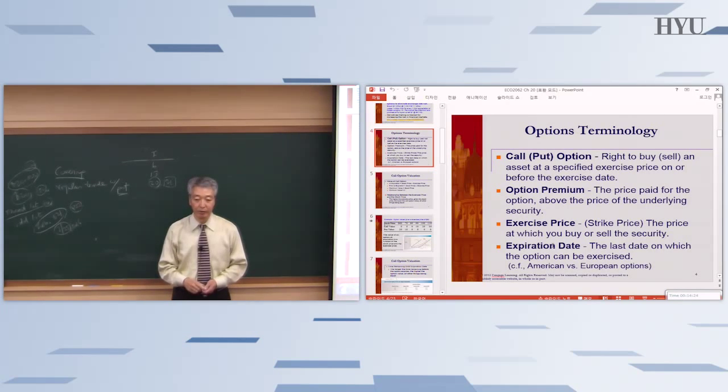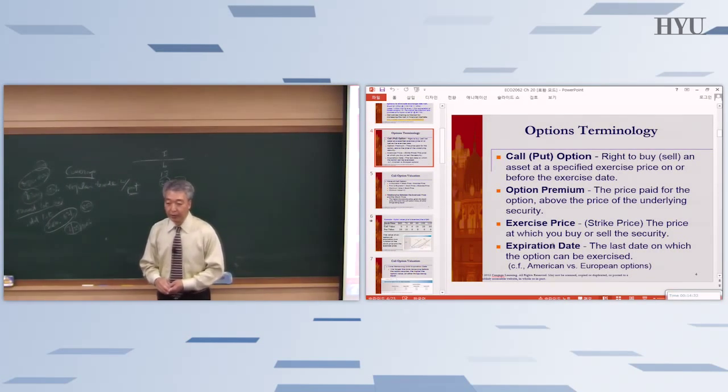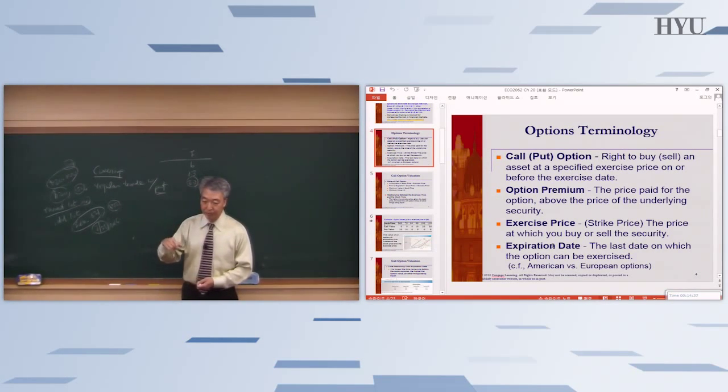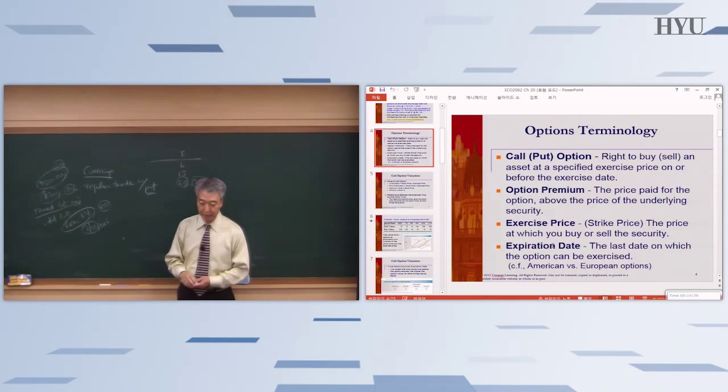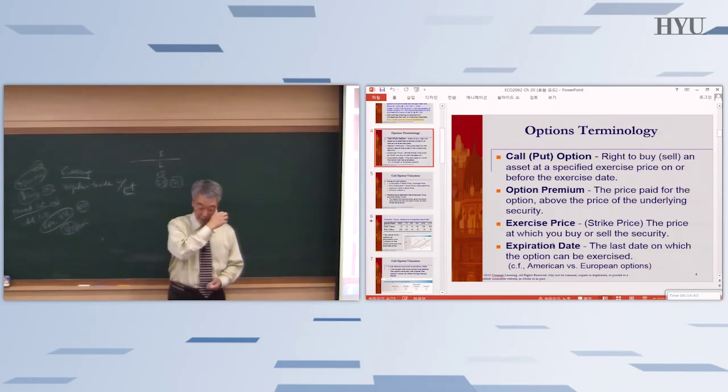Well, it depends on what stock you write on. If it's a very risky stock, then of course the price will be higher. So in order to get this option from me, you have to pay $600 to me today, in November 2015.